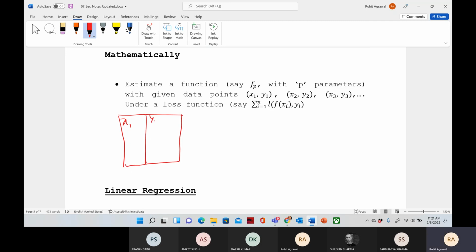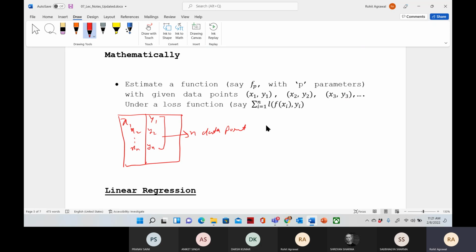We are having x1, y1, x2, y2, and so on, up to xn, yn. We are having n data points. Using these data points, what is our goal? Our goal is to estimate a function.